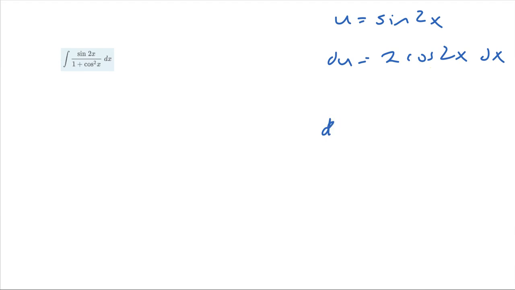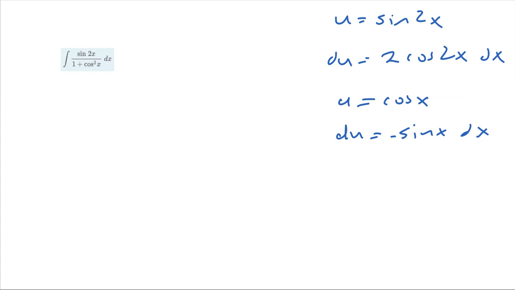Now the problem is, I don't see a cosine of 2x in there anywhere at the moment. So maybe I would be better off having u be equal to cosine of x. But then du is negative sine of x dx, and I don't see that either. So what do I do?